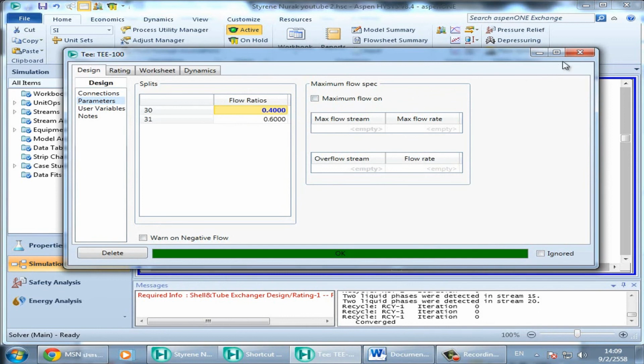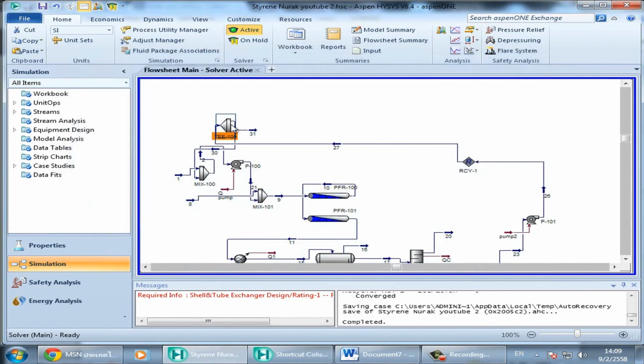So only 40% can go to the recycle route, but the other 60% of the flow of ethylbenzene has to go to the storage. But of course, it will come to this part. Alright.